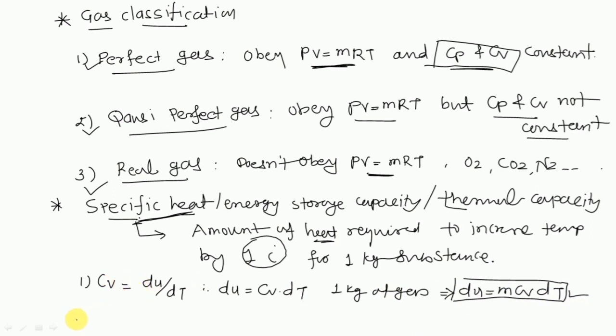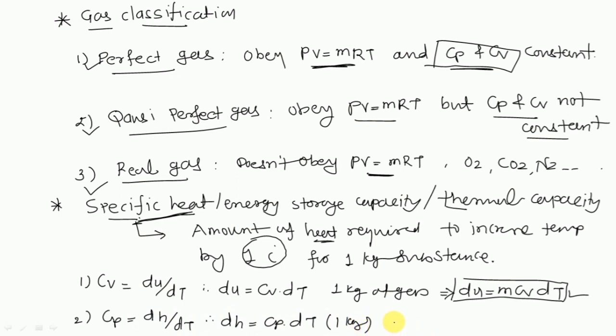The second is Cp. The definition of specific heat at constant pressure is the amount of heat required to increase the temperature by 1 degree for 1 kg of gas at constant pressure, and we can write Cp is dH upon dt, where dH is the change in enthalpy. So dH equals Cp into dt for 1 kg of gas.